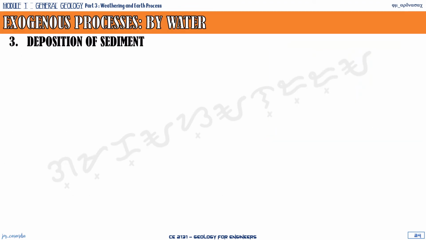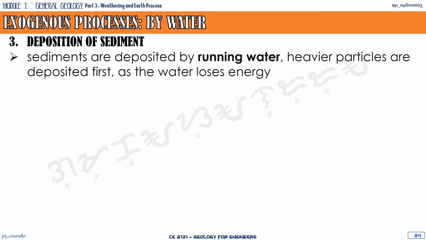Okay? Next is deposition of sediment by water. So this will be happening as heavier particles will be deposited first on the surface as water loses energy. So, parang yung last picture natin sa previous slide.